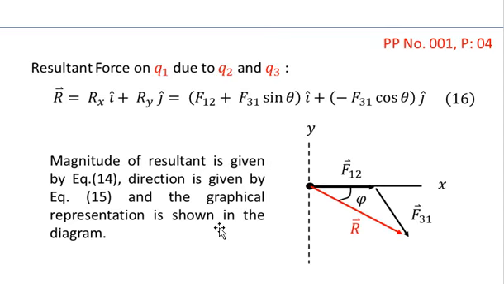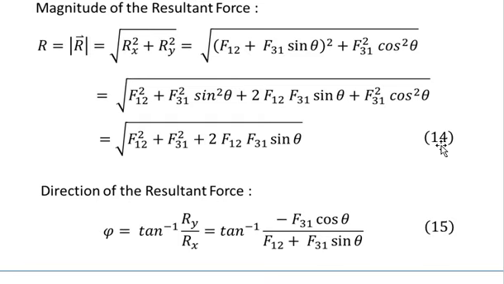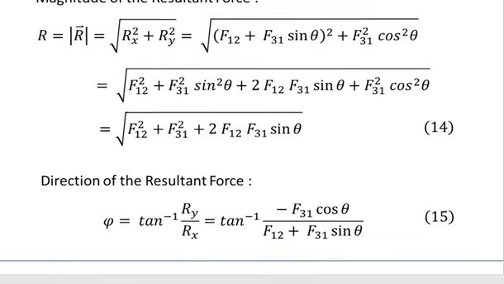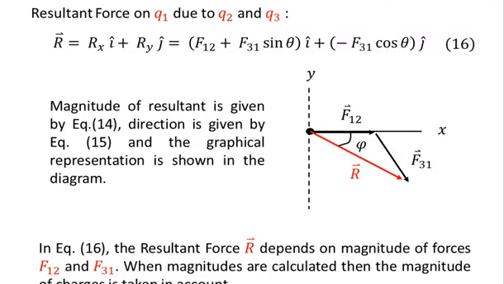And the graphical representation is shown in the diagram. Equation number 14 gives you the magnitude of the resultant. Equation number 15 gives you the direction of the resultant. And the diagram gives you the graphical representation of the addition of the two vectors, F12 and F31.